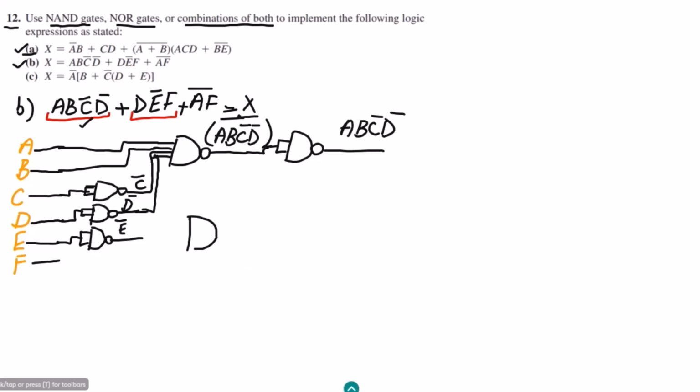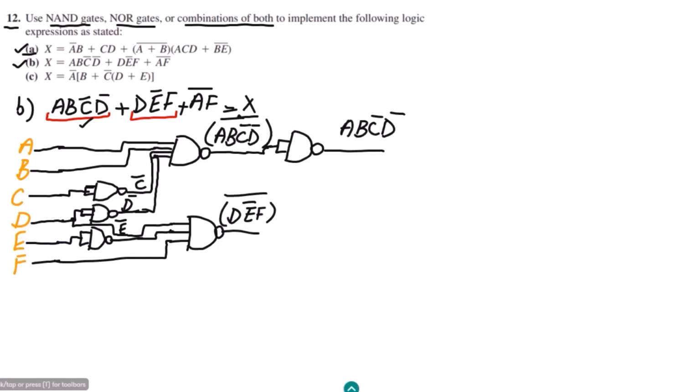So here this NAND gate, and with this let me have these three inputs. Here I will have this D given to it, and to the second input let me give this E complement, and to the third let me give this F. So at the output of it, I will get D E complement F with the whole complement.